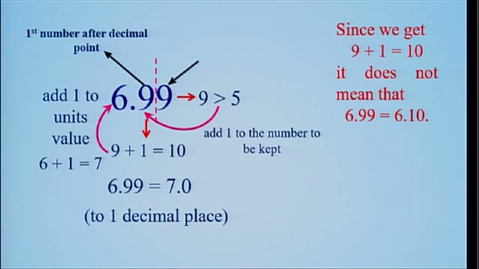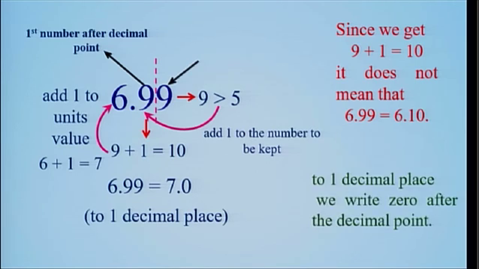That is, 6.99 is equal to 7.0 to 1 decimal place. Here, it is important to note that we need to write the decimal 0 here. For the whole number, I've told you that you are not required to write the decimal 0 because we were writing to the next whole number.